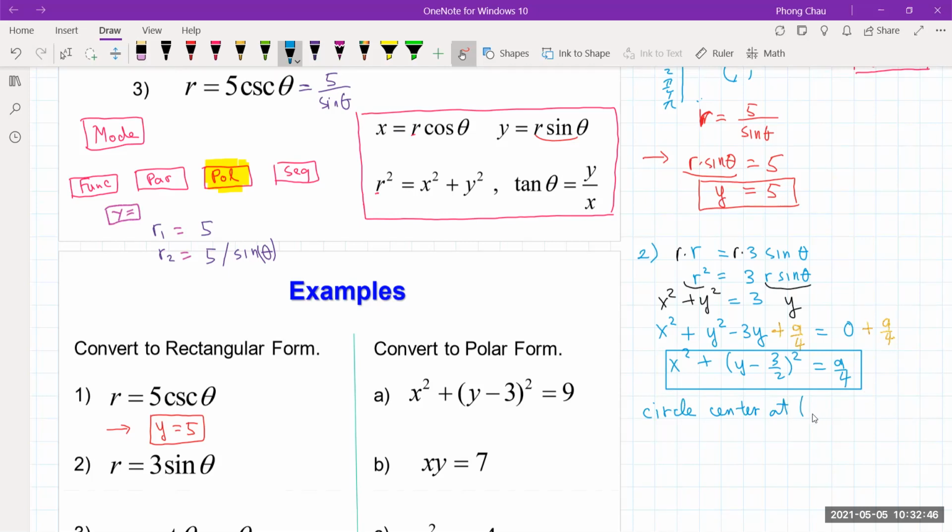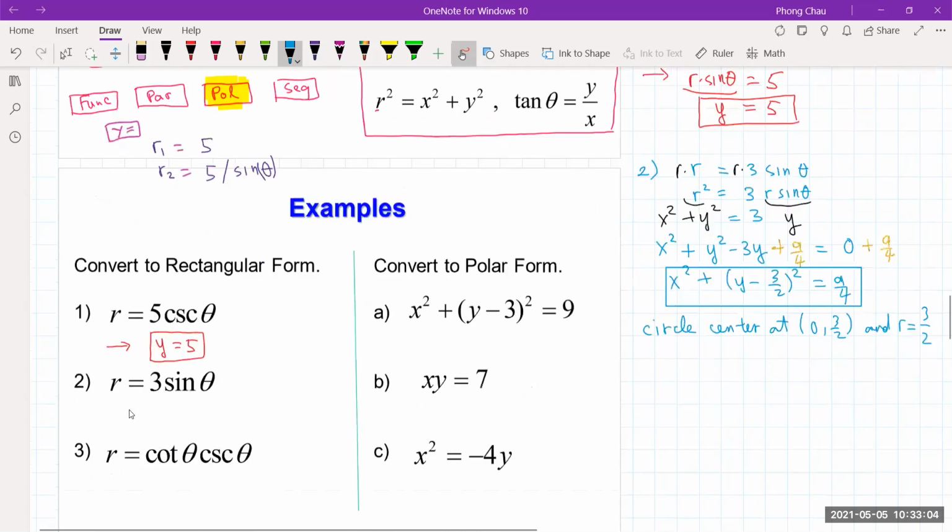It's (0, 3/2). And what's the radius? This side is r squared, so r is 3/2. So now I have a nice equation, that is x squared plus the quantity y minus 3/2 squared equals (3/2) squared, and therefore that is a circle.